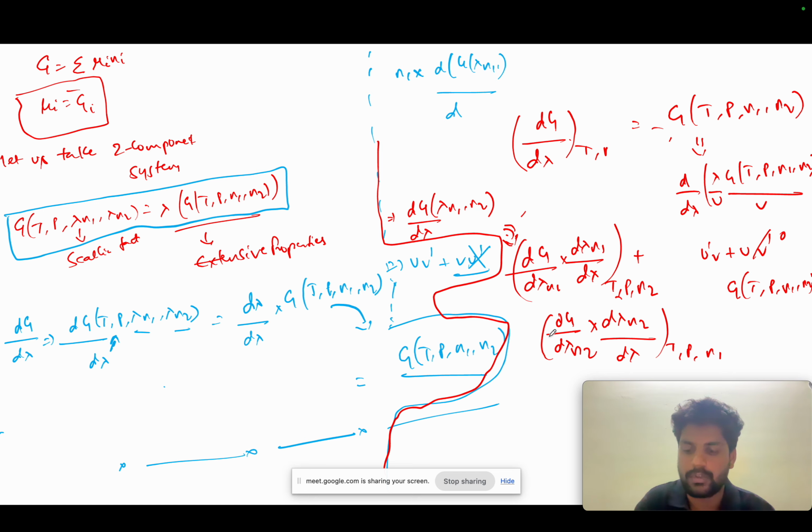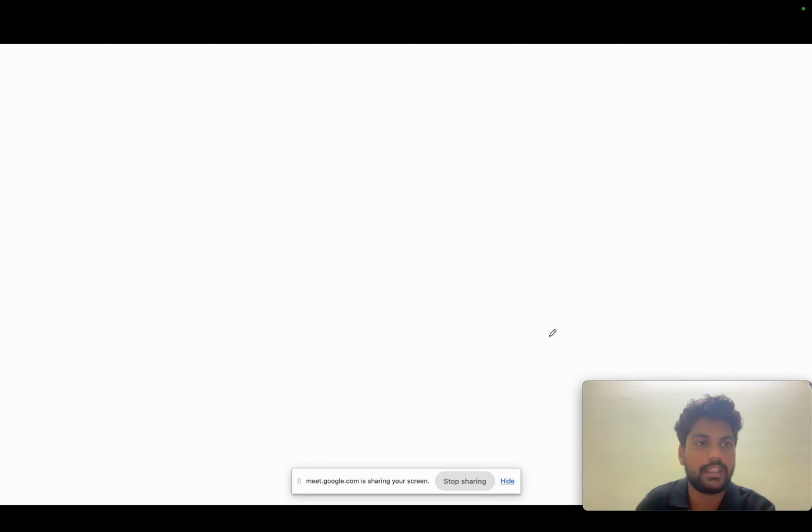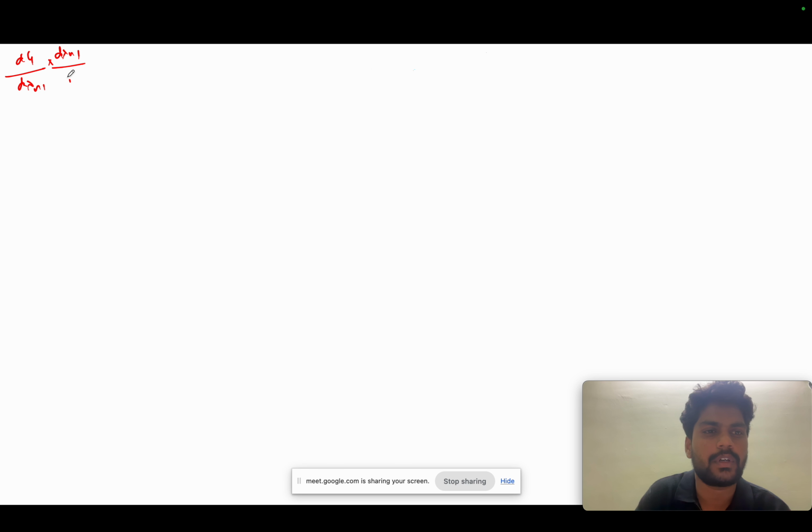If this step is clear, then the next step is the simple one. So what we'll have is dj of d lambda n1 into d lambda n1 divided by n1, plus dj of d lambda n2.